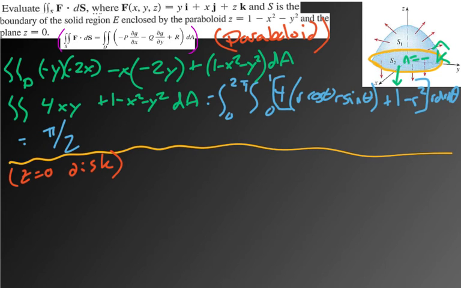That is definitely a unit vector. And we want the positive outer orientation, so we would just take minus k as the unit normal in that case. So here we would get the double integral of F dot dS, over S2, to really just equal F dotted with minus k dS.